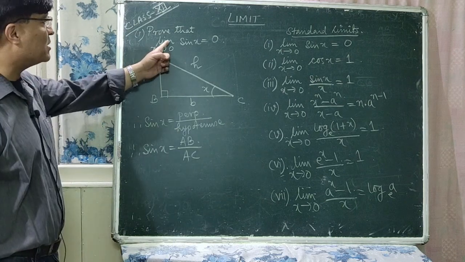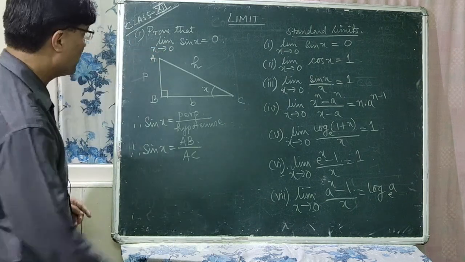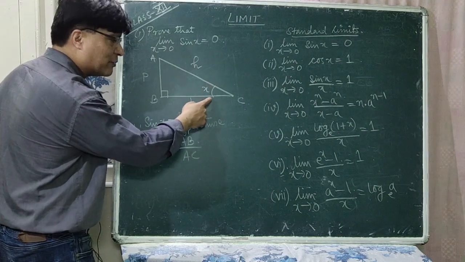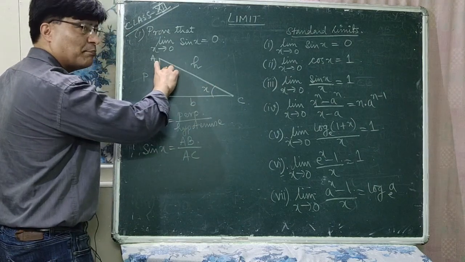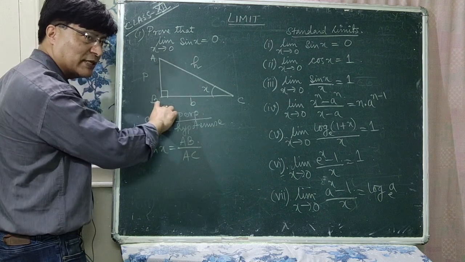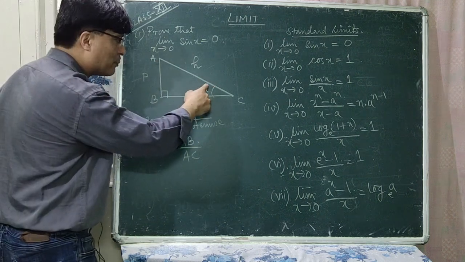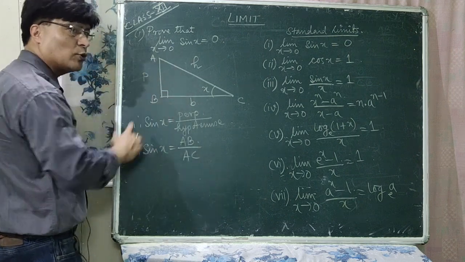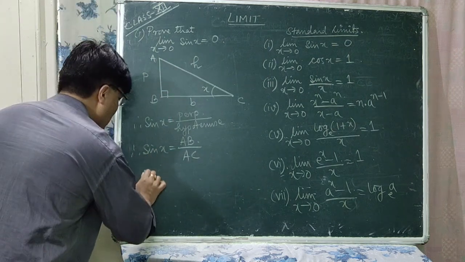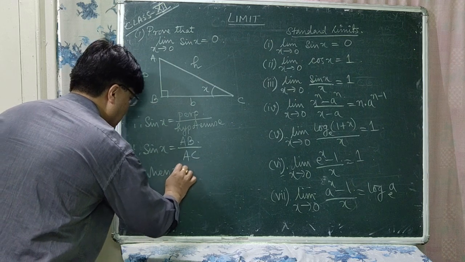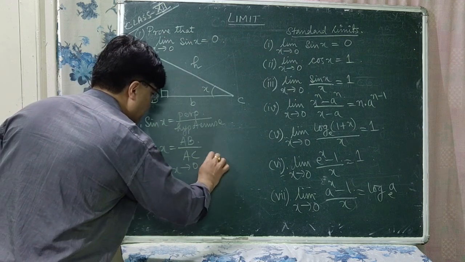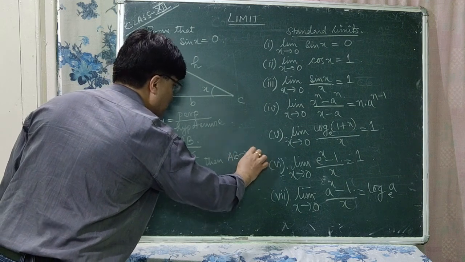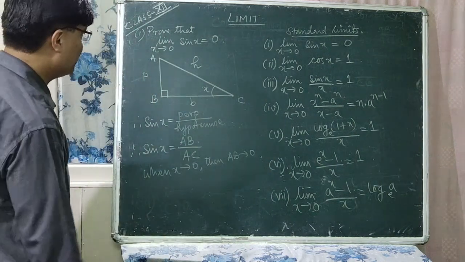So now let us take the limit. In this case the limit is given as limit x tends to 0. So when x tends to 0, when x decreases, this perpendicular length also decreases. When x approaches towards 0, then this AB also approaches towards 0, right? When x tends to 0, then AB also tends to what? 0.